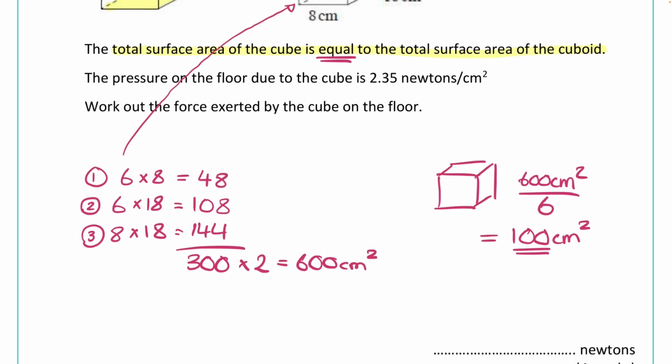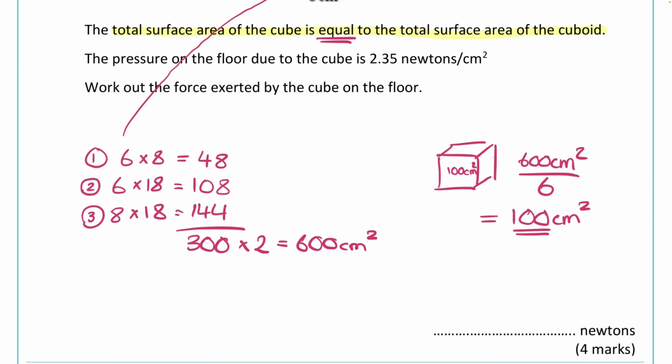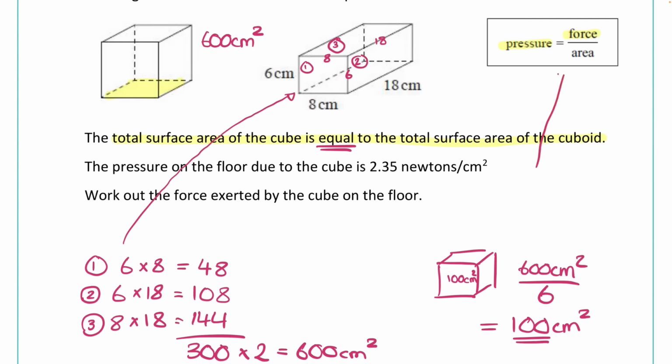So if the area of one face is 100 centimetres squared, then the area of the base is also 100 centimetres squared. So here it says the pressure on the floor due to the cube is 2.35. We now have the area of the base, so we can put our pieces into place. We have the pressure, which is 2.35. We'll use our formula here.